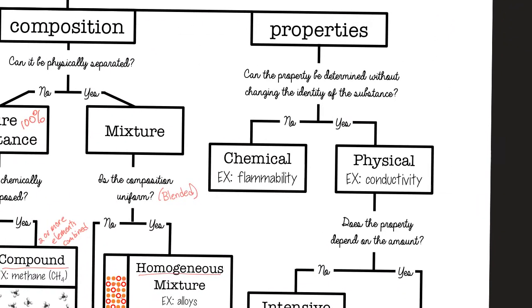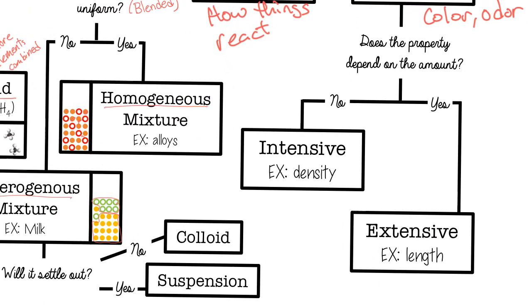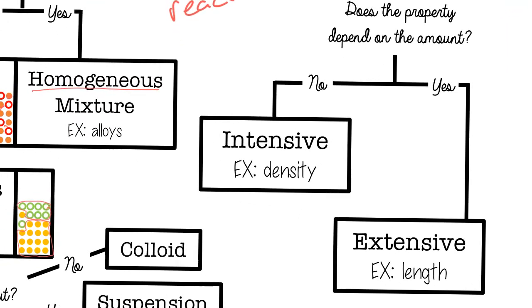We also talked about properties of matter. We have chemical properties. This is how things will react with other elements. Or physical properties. These are things like conductivity, color, odor, and other properties like that. Physical properties can be further separated into intensive and extensive. So does the property depend on the amount of matter?